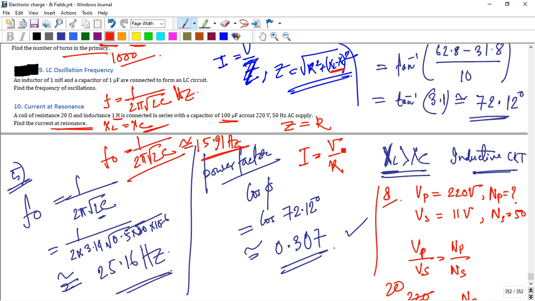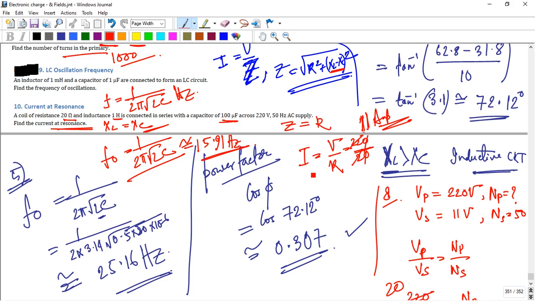So V is given, that is 220 volt, and R is given here, 20 ohm. So 220, that is cancelled to 11. So that is 11 ampere. That's the final answer, the current at resonance.